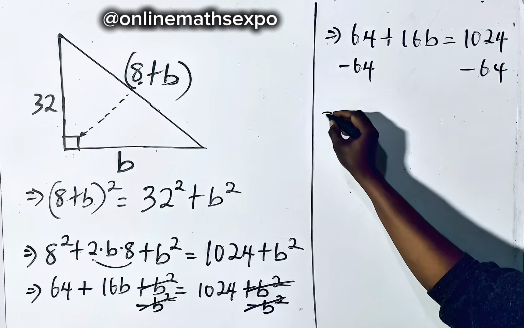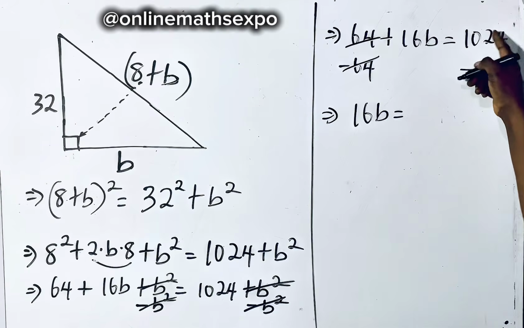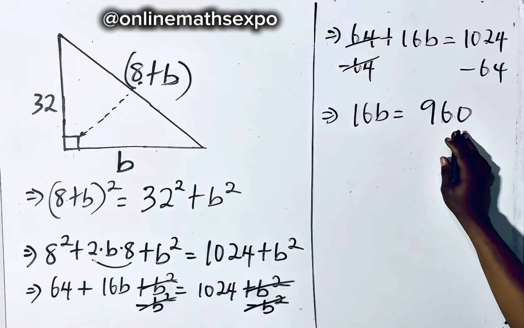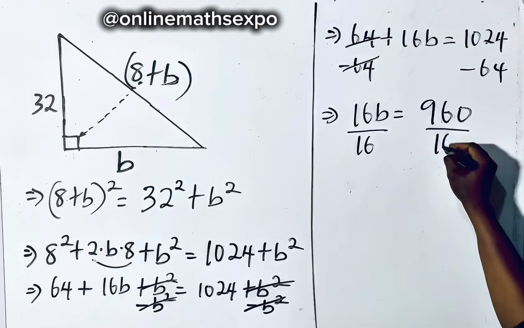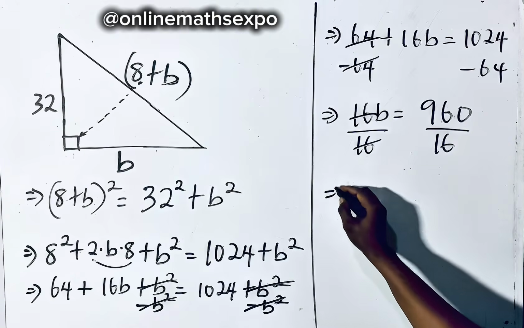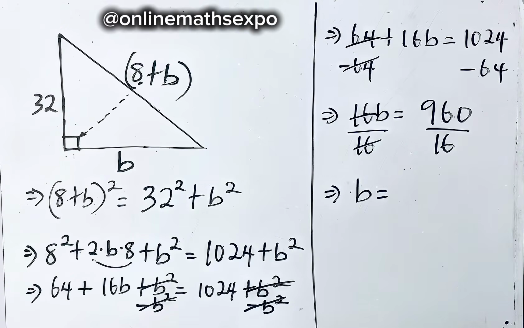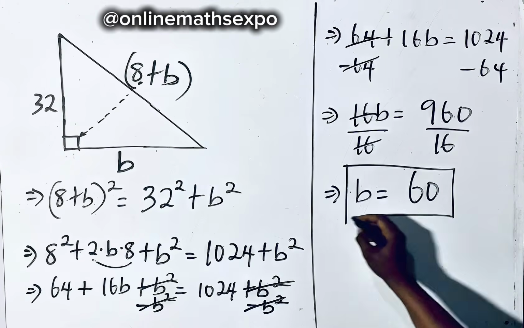When you do that, this cancels. 16b is equal to 1024 subtract 64, which gives us 960. To get b, you divide by 16. When you do that, b gives us 60. So our b here is 60.